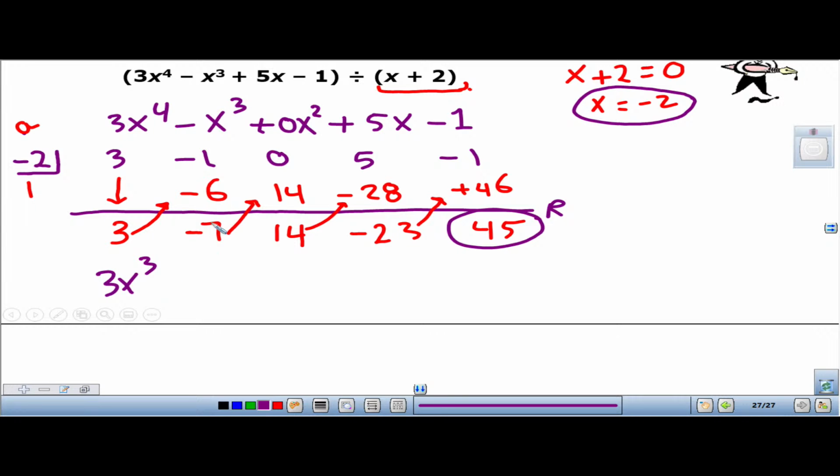I'm just copying down the coefficients. Minus 7x squared plus 14x minus 23 plus 45 divided by my divisor x plus 2. And that's the answer for this one.